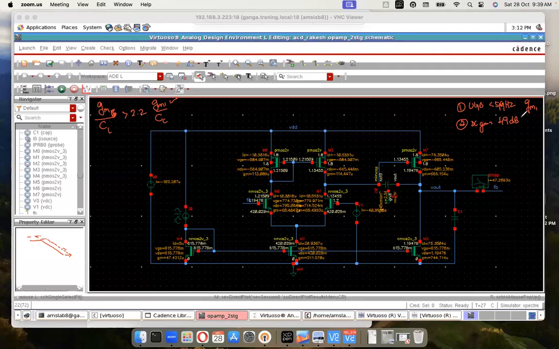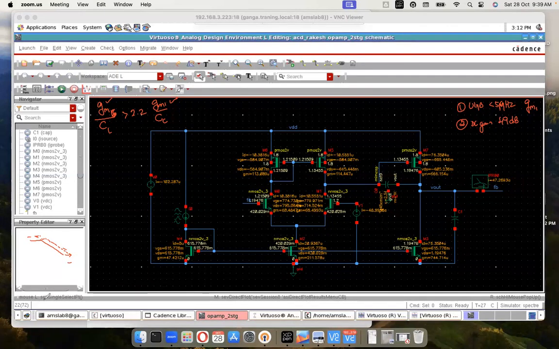But is it sufficient? Something else is needed. We also have to touch GM6. Why? If GM6 is not touched, GM6 being the non-dominant pole or the second pole, there is a possibility that your GM6 by CL, the second pole, is now inside UGB. It can happen.